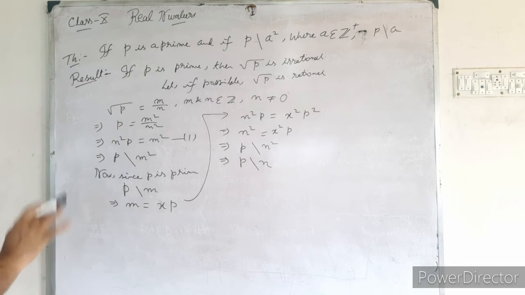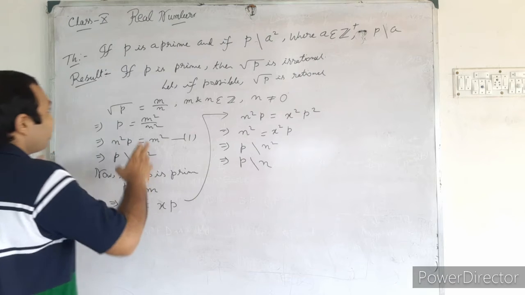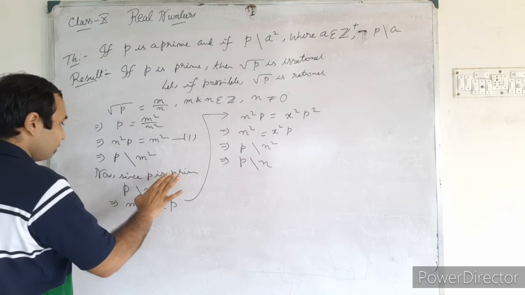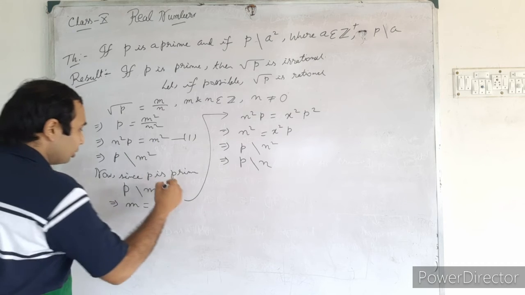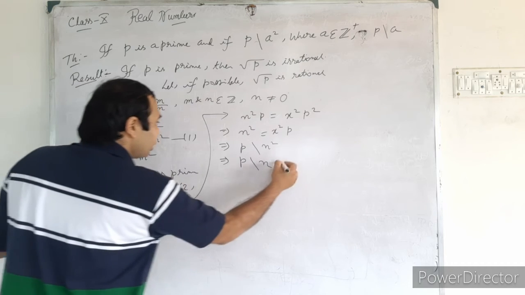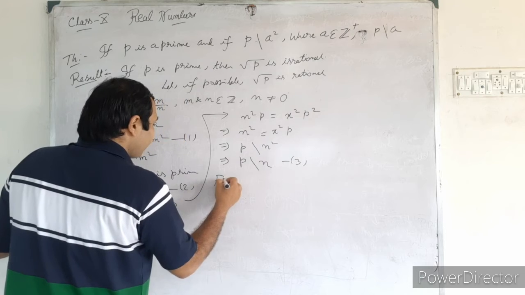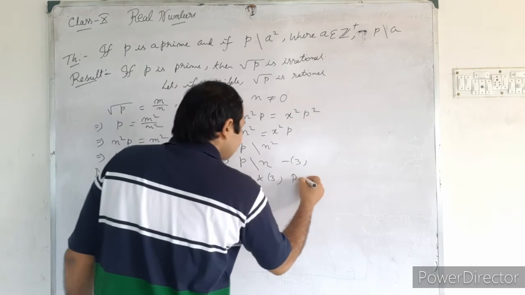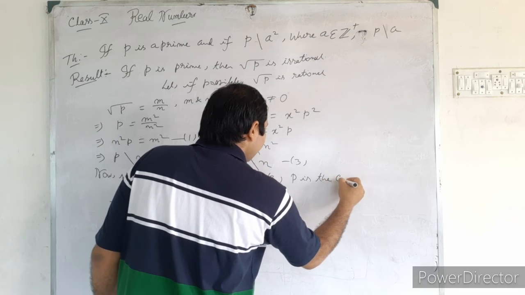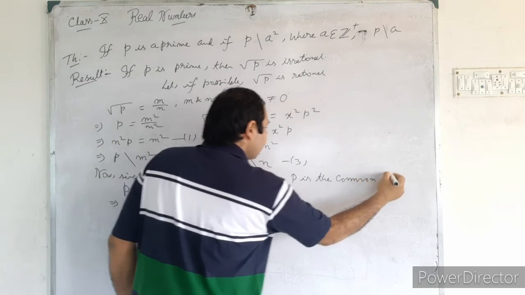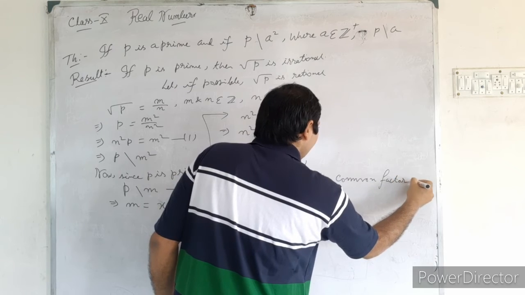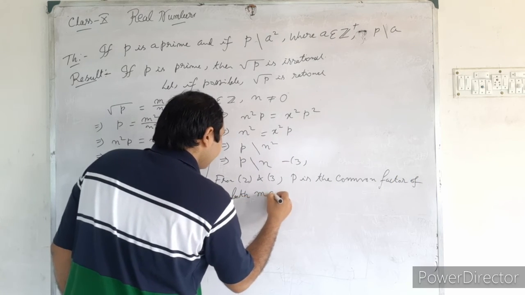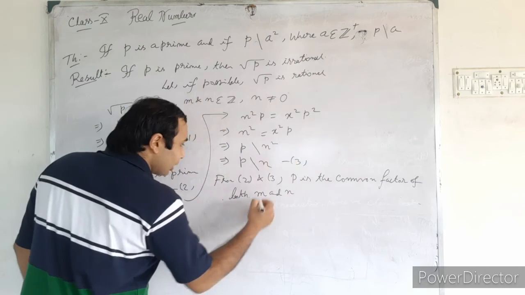So P divides n. Now if it is number 2 and number 3, then from 2 and 3 we can say P is a common factor of both m and n. This is the contradiction.